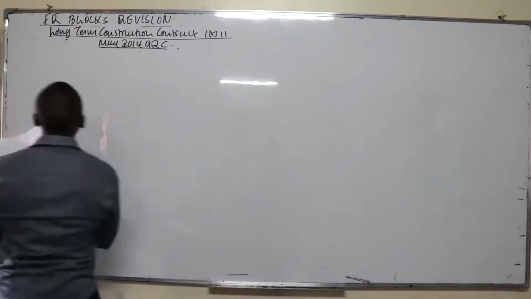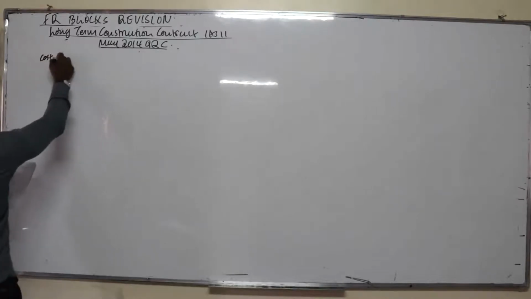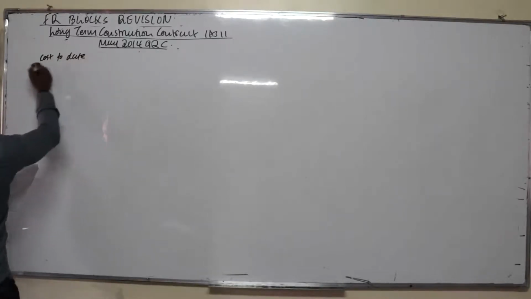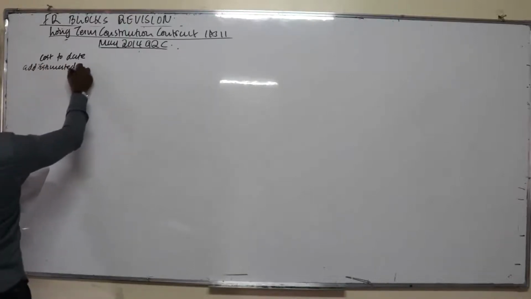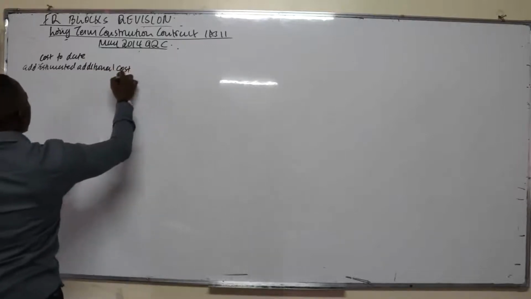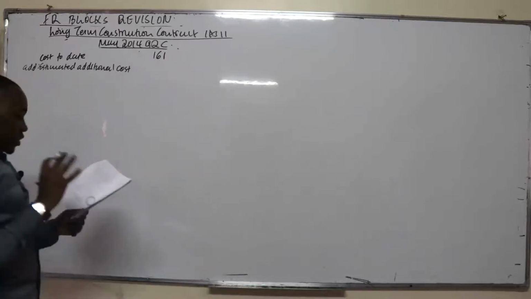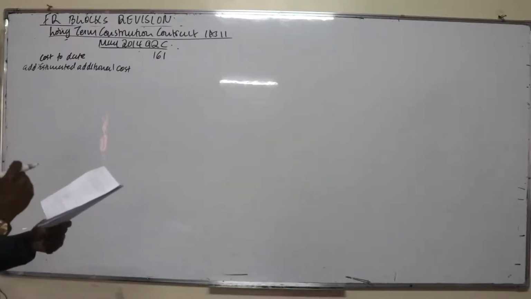So to get the percentage of completion, you take cost to date, then you add estimated additional cost. So how much is the cost to date? Cost to date is 161. Then the estimated additional cost to complete the project.